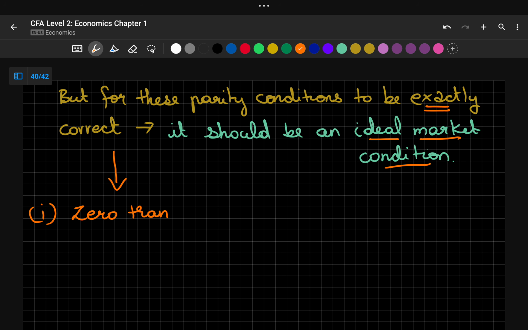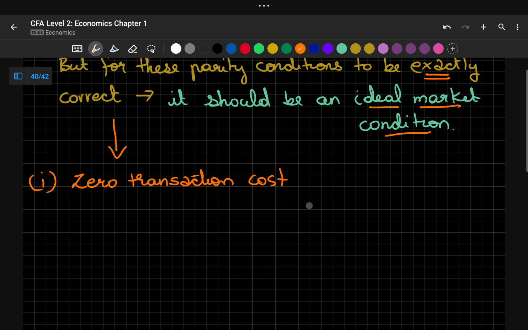For the answer to be exactly correct, we are considering an ideal world scenario which usually doesn't exist. That is zero transaction cost for investing, trading. The second one is perfect information symmetry among all market participants.